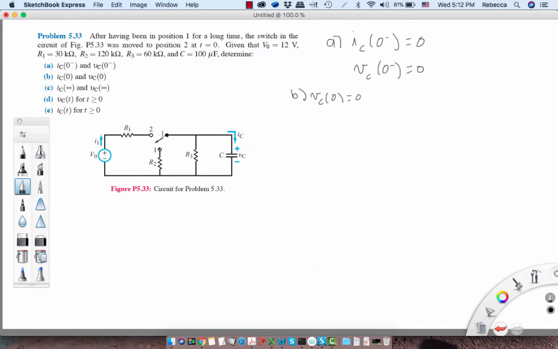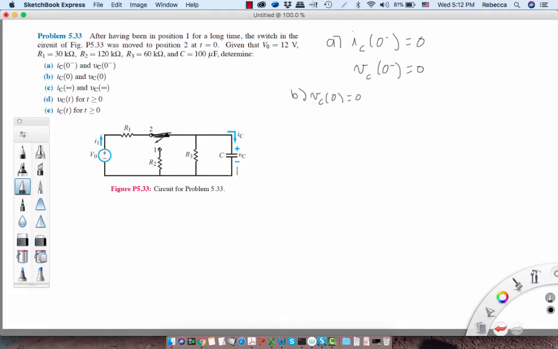So we are now like this at t equals 0. When we first close the switch, the capacitor acts like a short circuit, and then eventually it acts like an open circuit. Since it's acting like a short circuit, none of the current will go through R3.